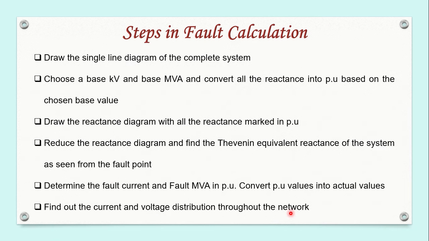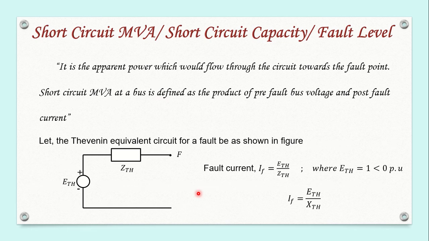Now we have seen this point, fault MVA here. So let us see what exactly is fault MVA. Fault MVA is also known as short circuit MVA, short circuit capacity or fault level. Fault MVA, fault level, short circuit capacity or short circuit MVA, all are the same.